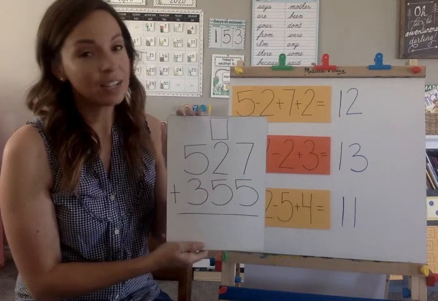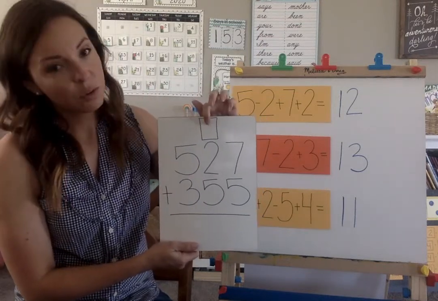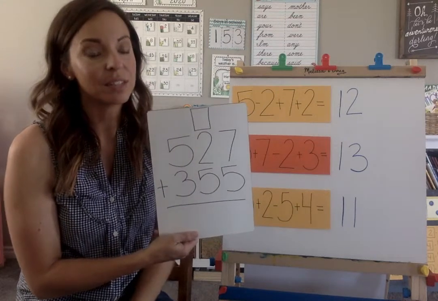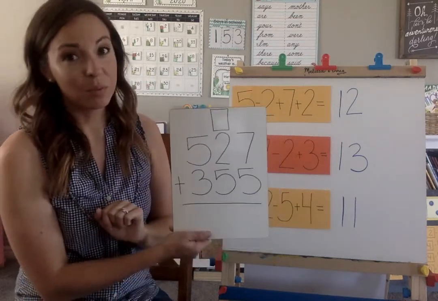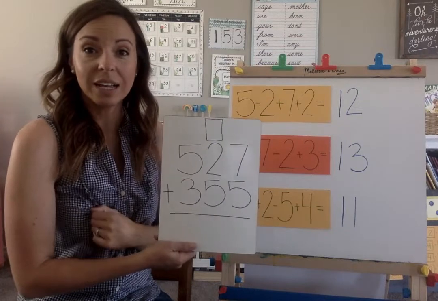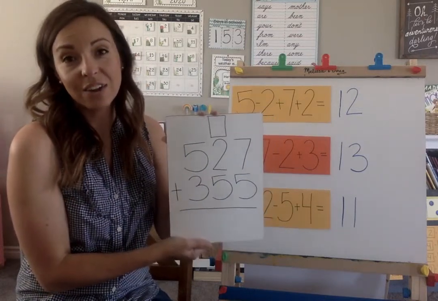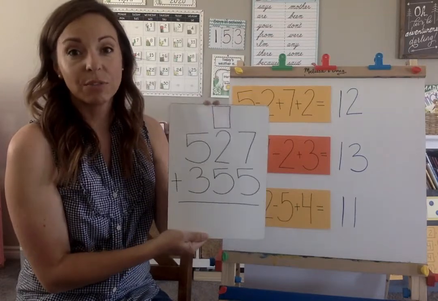When we learned how to do it the first time, there weren't any boxes over the tens place. We didn't carry any of our numbers. We just left them at the bottom where they were because none of the answers were bigger than 9. So today, we're going to be talking about how to carry numbers when you're adding 3-digit numbers.